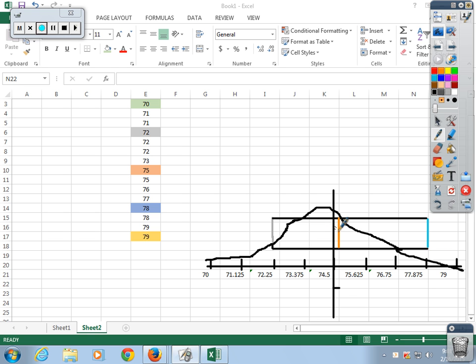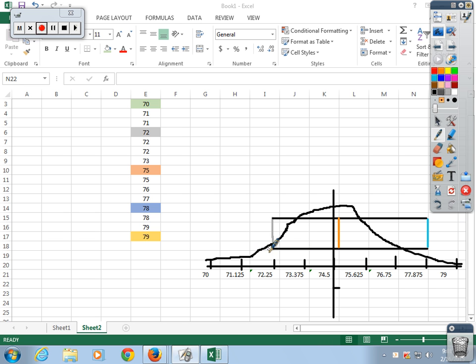So that means a lot more of your data is to the right. In other words, there's just a little bit more data on the right side. Higher data. Okay? So that's what it looks like.